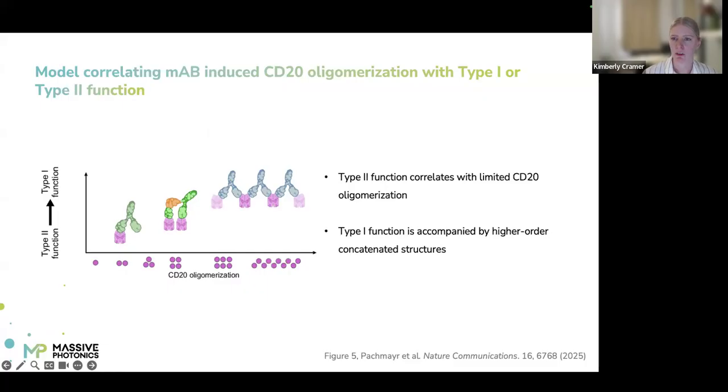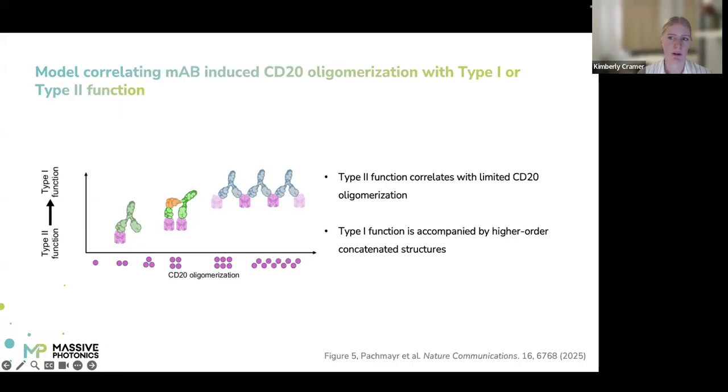So actually type 2 function, which is characterized by direct cell death, they found that it correlated with limited CD20 oligomerization of dimers, trimers, and tetramers, whereas type 1-like function, which is characterized by less efficient cell killing in these immunotherapies, was accompanied by the ability to form higher order concatenated structures of at least hexamers.